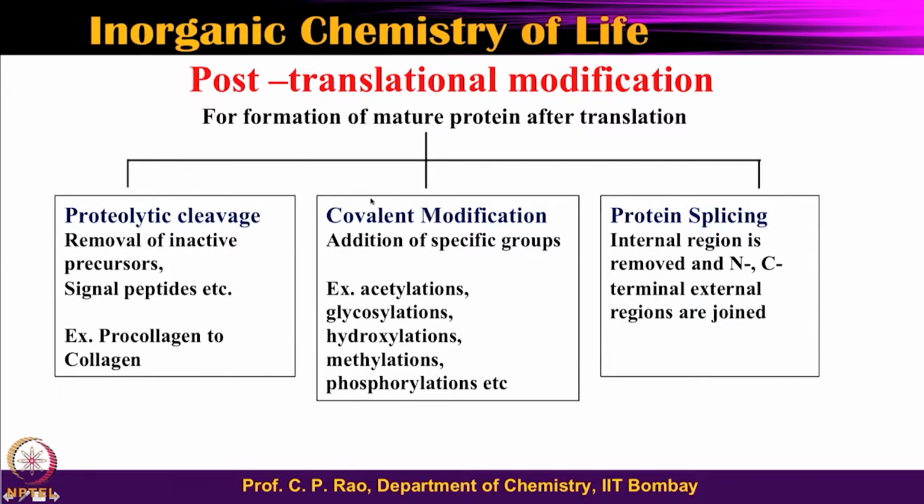So, all of these, when you see them in a protein, are not during the protein synthesis, but after the protein synthesis. Okay. And protein splicing, so an internal region is removed and the N and C terminal regions are rejoined. So, by this time you have really made the next level of the protein which is suitable for utility for the future purposes.